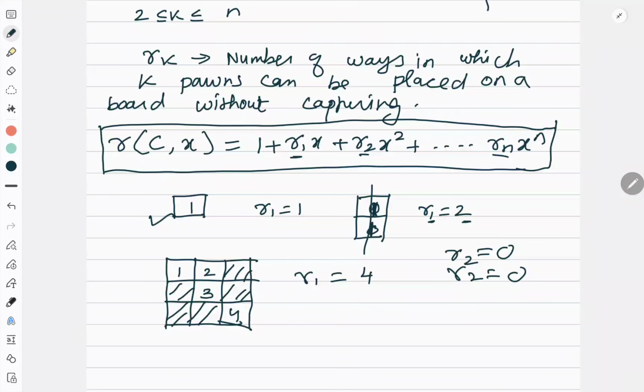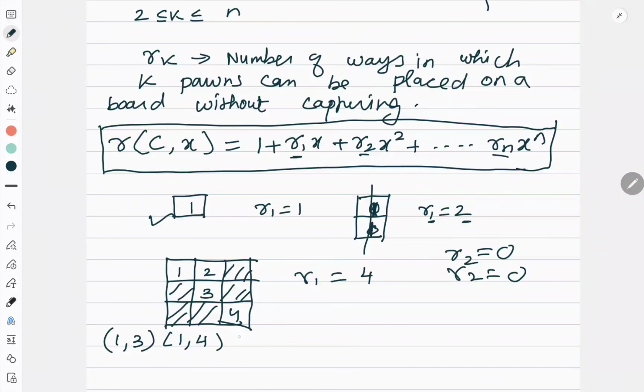Now look at this board. Now 1 is 1 pawn. Can I place it with 2? Suppose these are the names of the pawns. Okay. So can I place 1 with 2? No, I can't place. So 1 and 2 cannot be positioned because it will capture. Right. Now 1 and 3. Yes, I have no issues if I place 2 pawns at this position. Can I place 1 with 4? Yes, I can place.